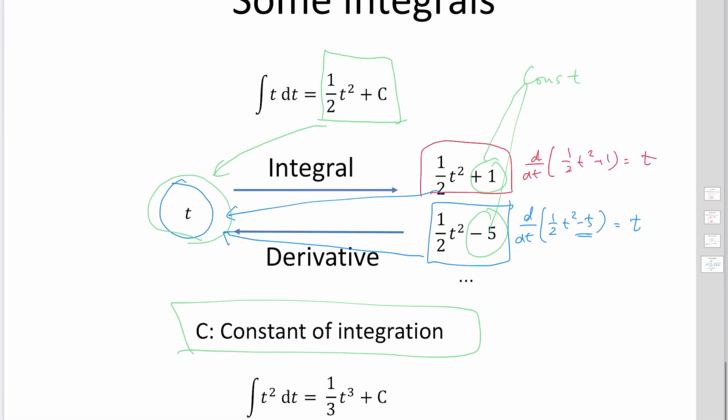For example, the integral of t squared becomes 1/3 t cubed. Then don't forget to add the integration constant, because the derivative of a constant becomes 0. Okay, this is the end of this session.